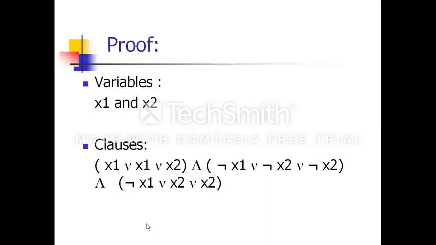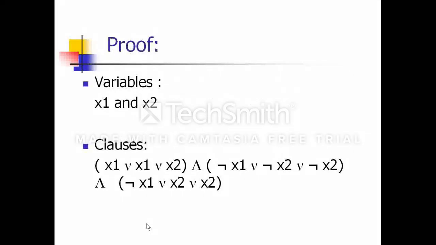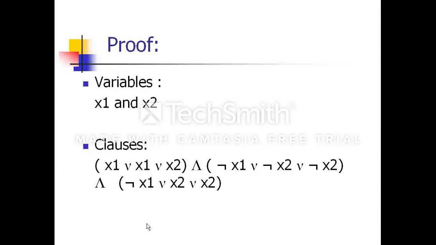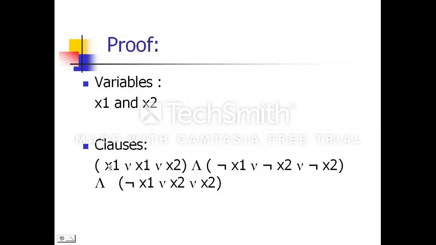So let us begin the proof with the help of an example. Suppose we are given two variables x1 and x2, and the clauses given are as follows. Here you can see there are three clauses. This is one clause wherein there are three variables which are ORed together.